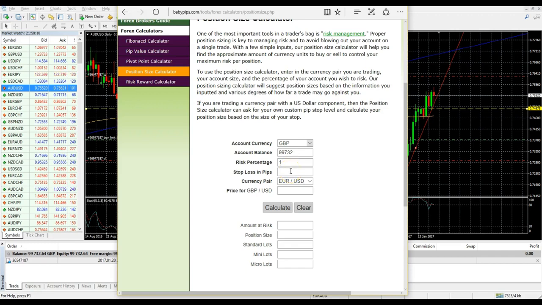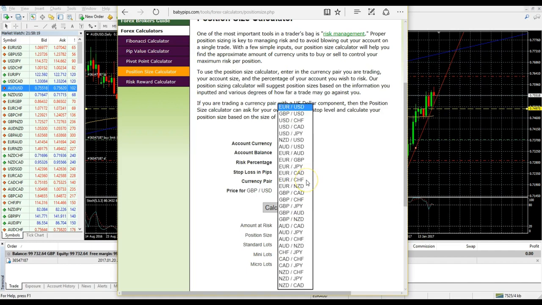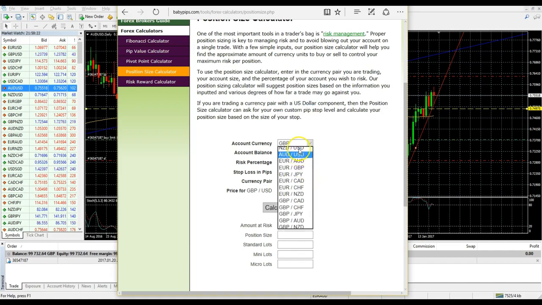Our stop loss in pips, which we calculated earlier, was 85 pips. The currency pair we're trading is Aussie dollar. And now we need a price for sterling dollar, which is 1.2378.